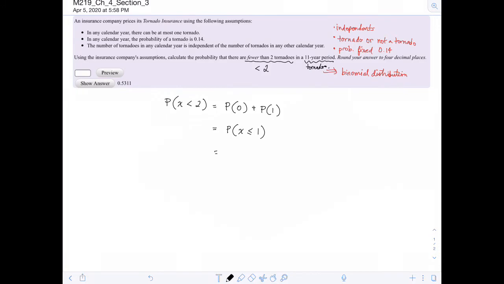And this is equal to the binomial CDF of n, p, x, right? So n is the number of tornadoes. I'm looking at 11. The probability I'm going to get a tornado each year is 0.14. And the number I'm looking at is less than or equal to 1.